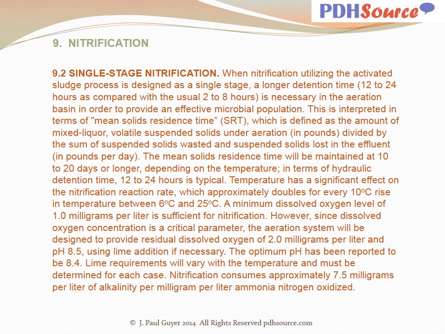The optimum pH has been reported to be 8.4. Lime requirements will vary with the temperature and must be determined for each case. Nitrification consumes approximately 7.5 milligrams per liter of alkalinity per milligram per liter ammonium nitrogen oxidized.